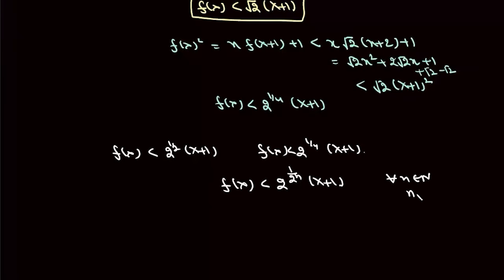Now as n increases, 1/2^n approaches 0. So clearly f(x) will be less than or equal to x + 1, which is what we need to prove in this question.